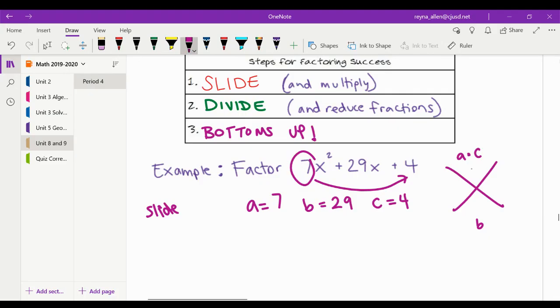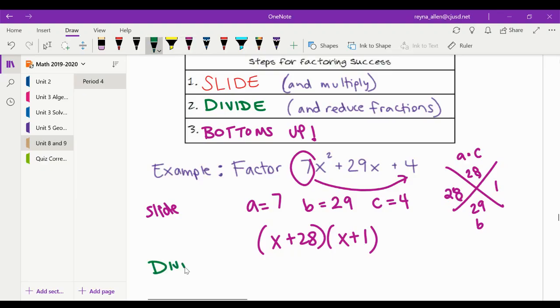So a times c is 28. My b is 29. Now we need factors that multiply to give you 28, but add to give you 29. So that would be 28 and 1. And so I write down my factors, x plus 28 and x plus 1. So that's my first step, slide.